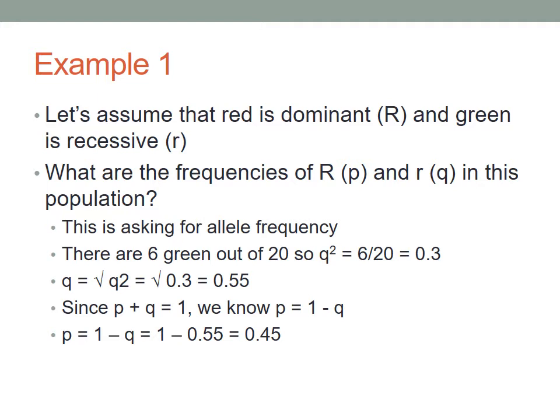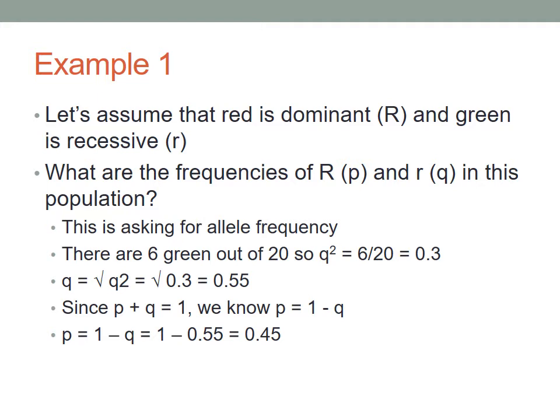Or what are the frequencies really of P and Q? So in this example, our big R for the red allele is going to be P, and our little r is going to be Q for green. So this is kind of asking us for allele frequencies, isn't it? Yeah, it is.